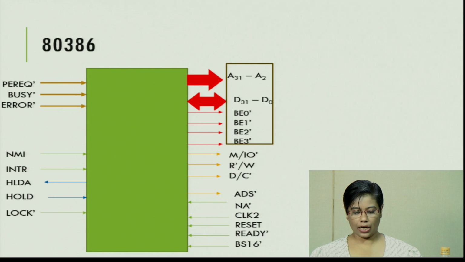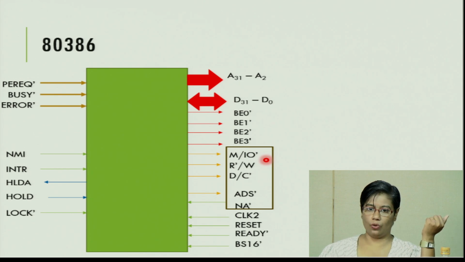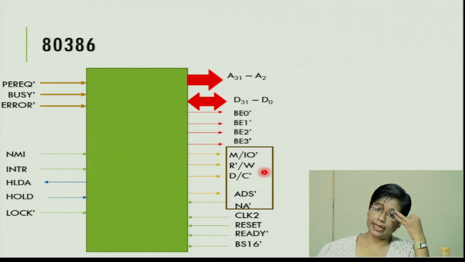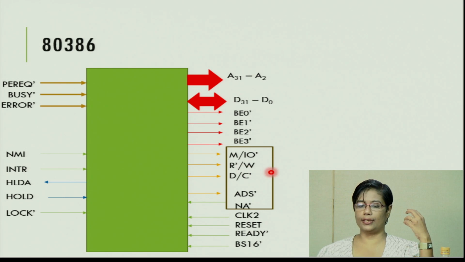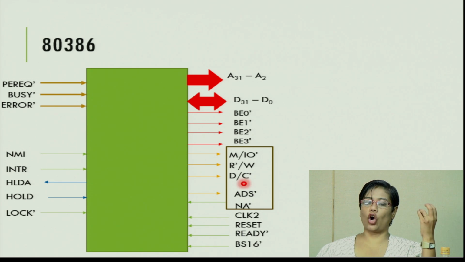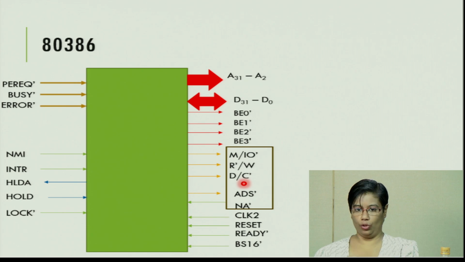Let's look at the control signals. The control signals available are memory/IO bar, same as in 8086 or 80286, read and write, which are combined together. If the read signal is low, then it is a read operation. If the signal is high, it's a write operation. There is one more signal called D/C, data/code.